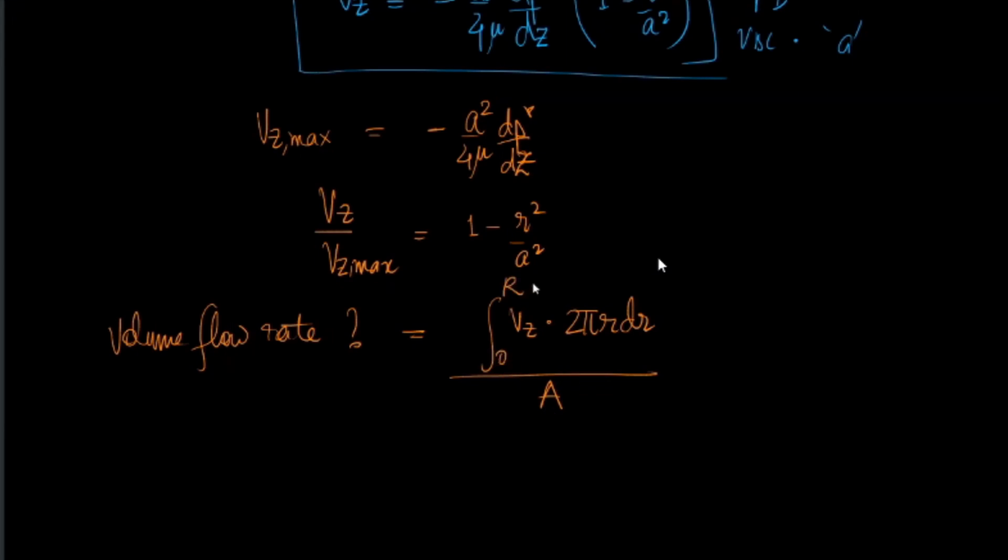So this goes from 0 to a, and you can easily find out that this comes out to be minus a square upon 8 mu dp star dz.